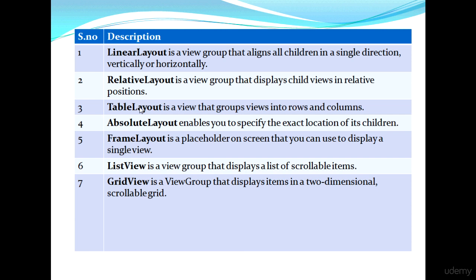Next is your absolute layout. Absolute layout enables you to specify the exact location of its children. I'll tell you in detail with an example in the coming sections. It's used whenever you have to define the exact location of elements, and this is also not used frequently.